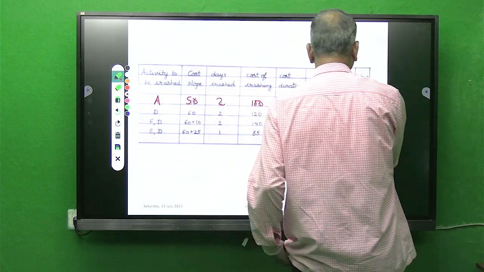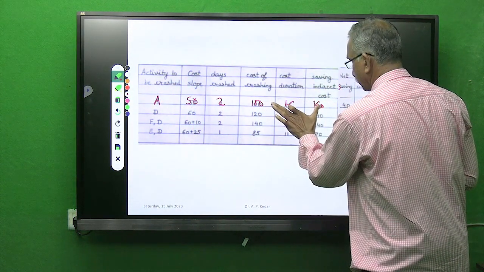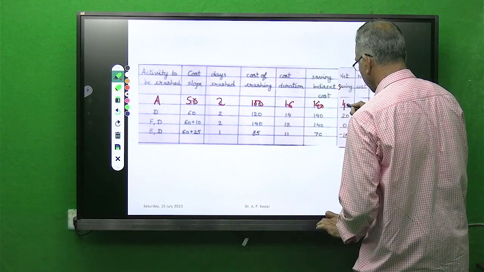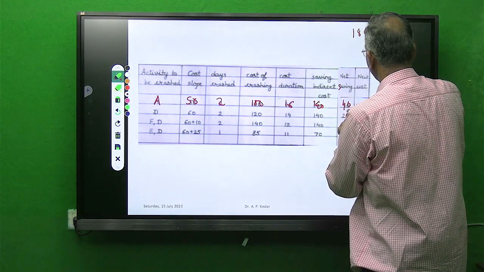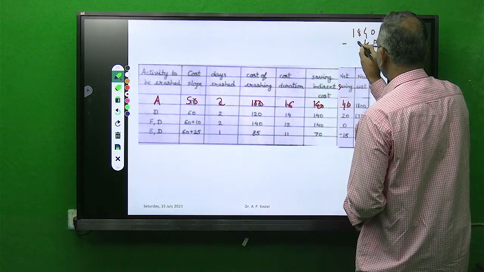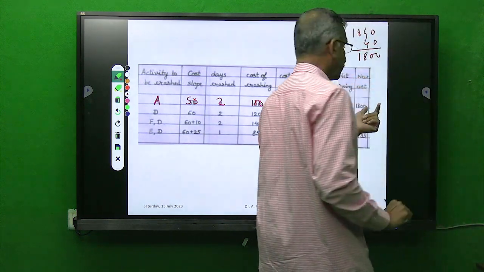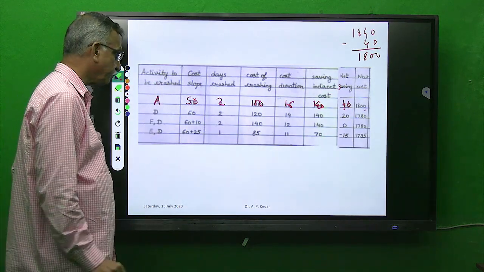Net saving which I got is rupees 40. It is the difference of this 140 saving and 100 expense, which is 40. I have to subtract this 40 from 1840, my initial cost. So 1840 minus 40 is 1800. So 1800 is the cost when I crash activity A.